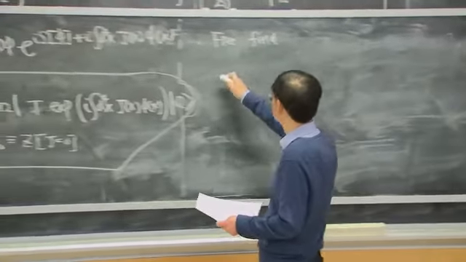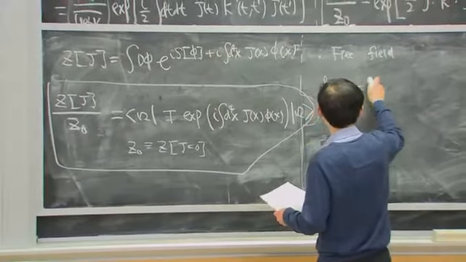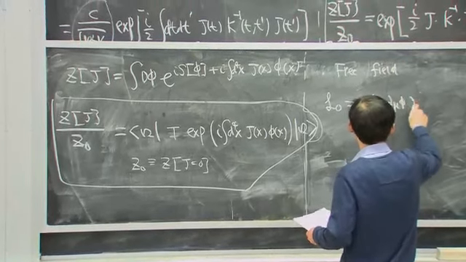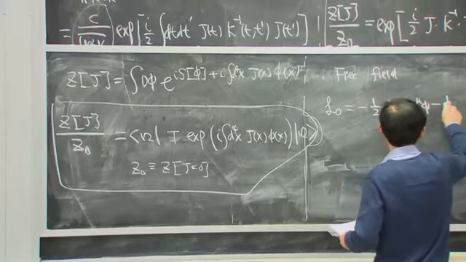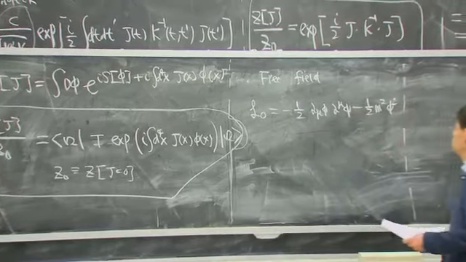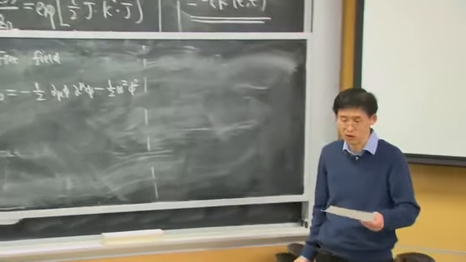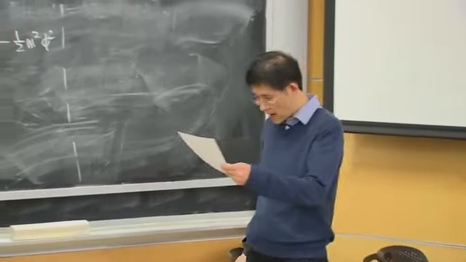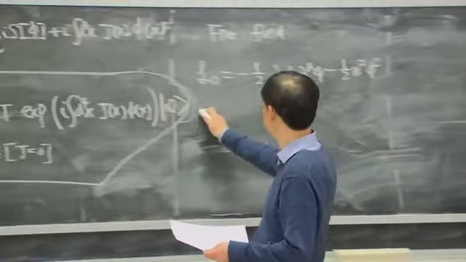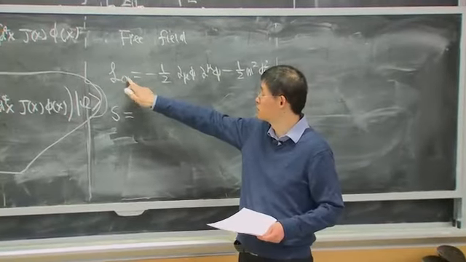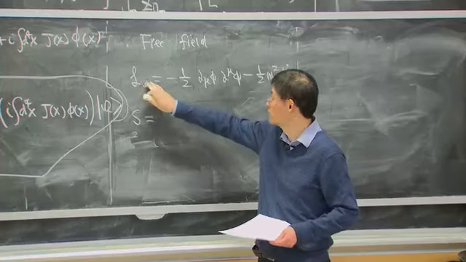So now let's consider the free field case. Consider minus 1/2 ∂_μ φ ∂^μ φ minus 1/2 m² φ², without any nonlinear, without any cubic or higher power term. And again, S can be written, where the subscript 0 means the free theory, because later we will do the interacting theory.